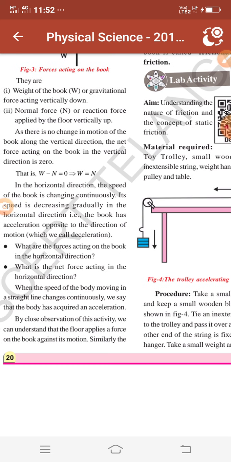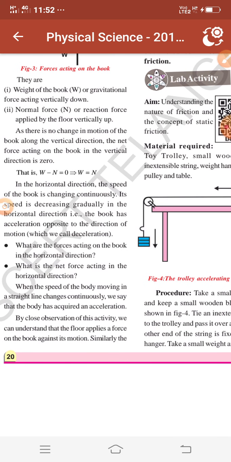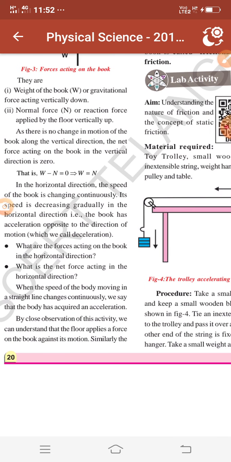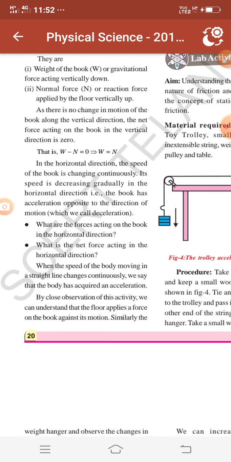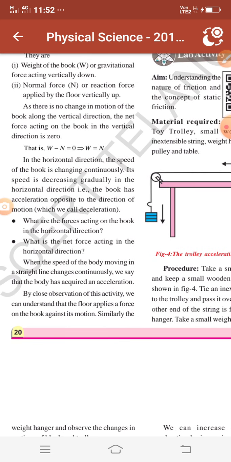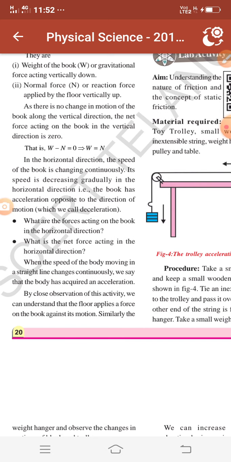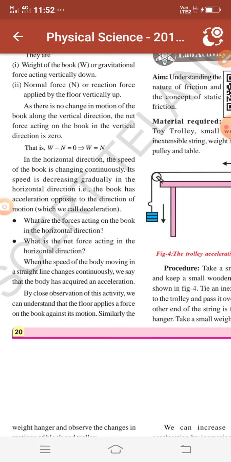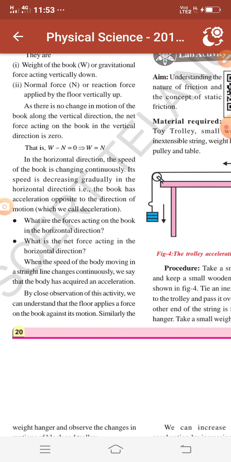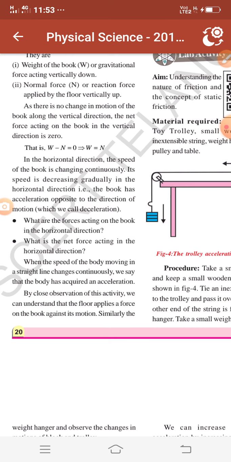That means W minus N is equal to 0, that is, W is equal to N. But in the horizontal direction, the speed of the book is changing continuously. Its speed is decreasing gradually in the horizontal direction. That means the book has acceleration opposite to the direction of the motion.